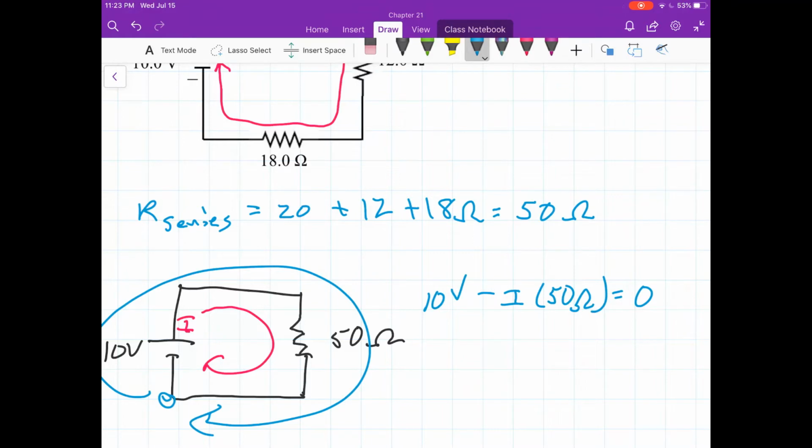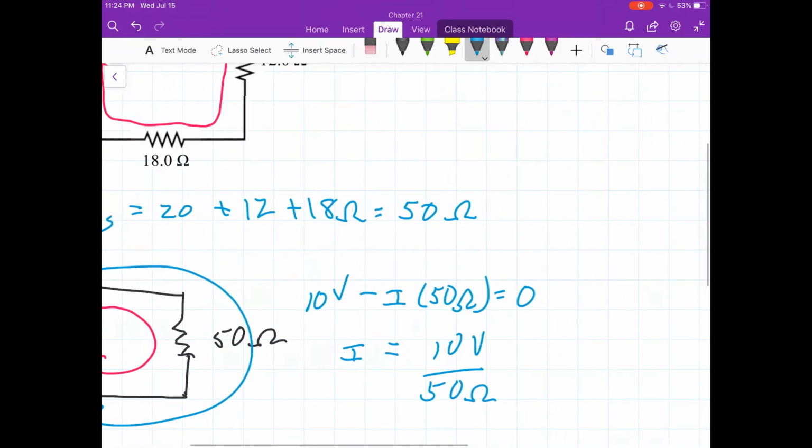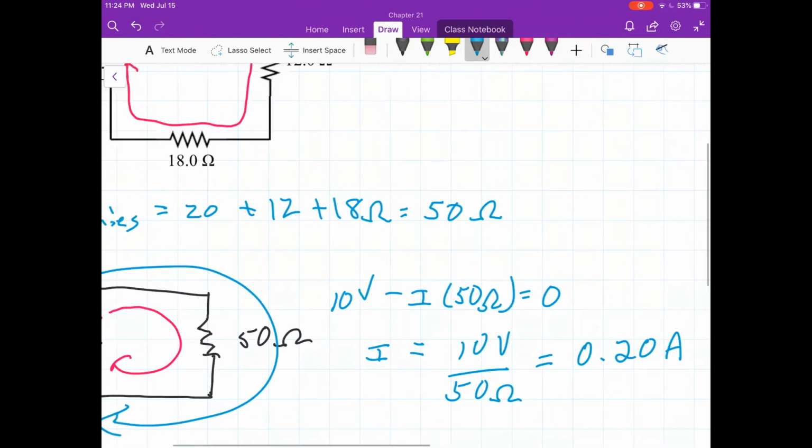Remember, if you're traveling around the loop in the direction of the current, when you cross the resistor, voltage is going to decrease, minus I times R. So we'll find that the current, we can rearrange this, is simply 10 volts over 50 ohms, 0.20 amp. That's the current through the circuit.